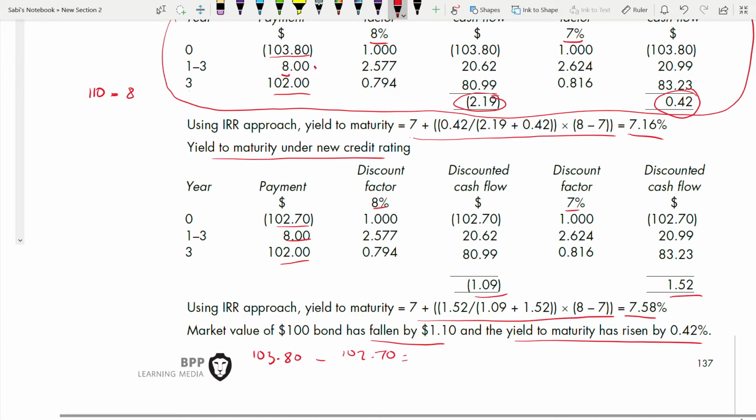What is the difference? 1.1 only. Fell. Now coming to the yield to maturity, 7.58 for the new, and for the old it was 7.16. What is the change? 0.42%. It increased. This statement has to be there.